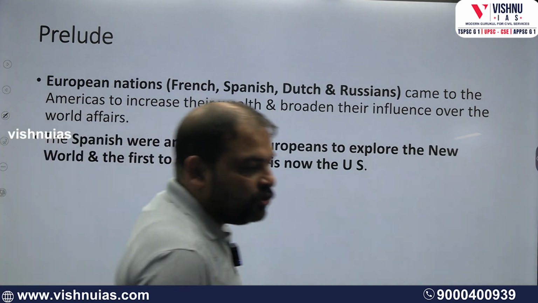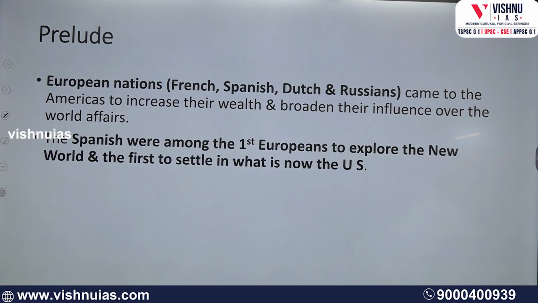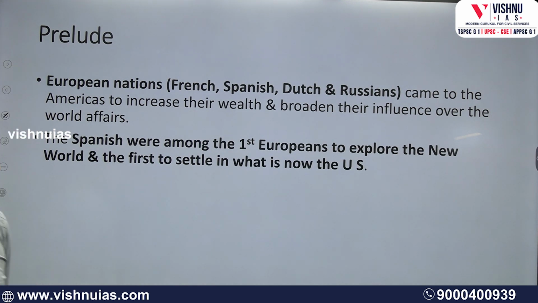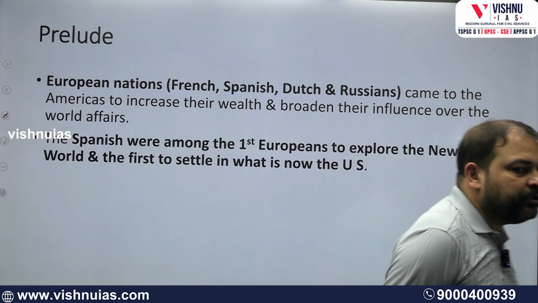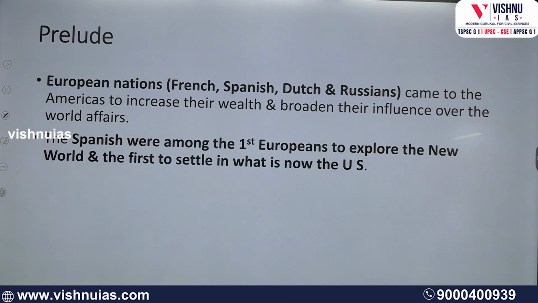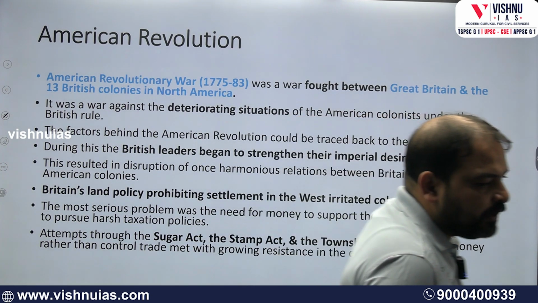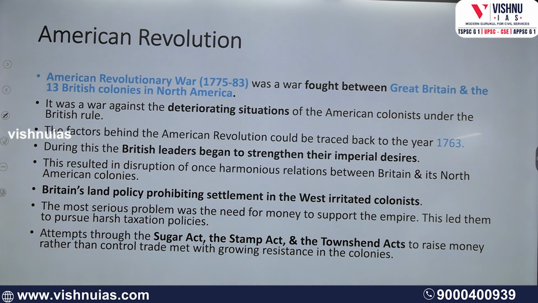Of course, you all know, apart from Spanish, write down, apart from Spanish, British, French, Dutch and Russians came to America. These are the different nationalities who all have come to America. We will mainly concentrate here only on French and British, to some extent the Spaniards' name would come here and there.